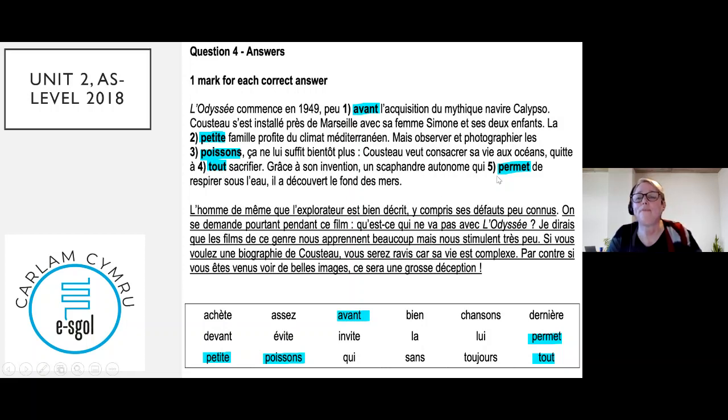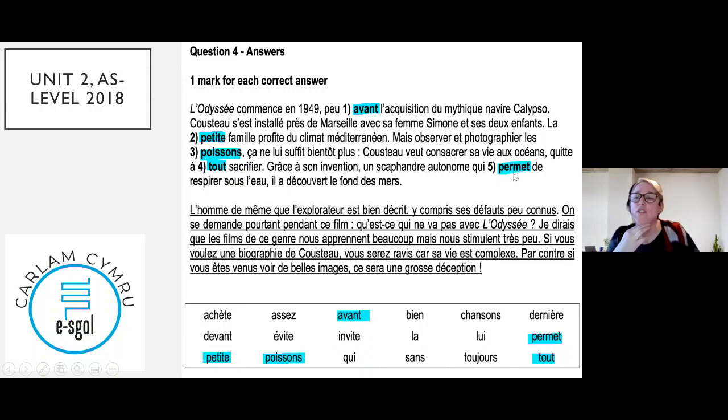And this invention, this sort of diving suit, which is independent, breathes on its own, allows him, permet de respirer sous l'eau, allows him to be able to breathe underwater. So permet is always followed by de, and then you'd need the infinitive. So that would work really nicely. Are there any other verbs there that would work? Invite. You invite à somebody, so it can't be invite.